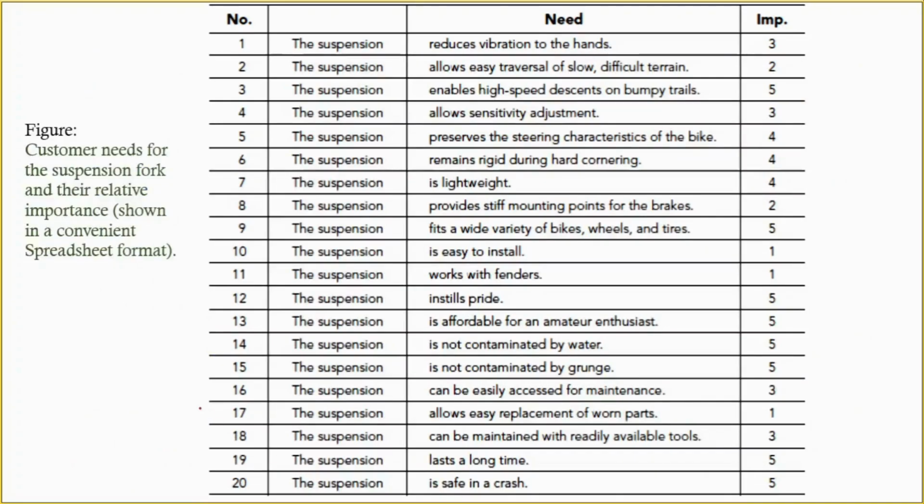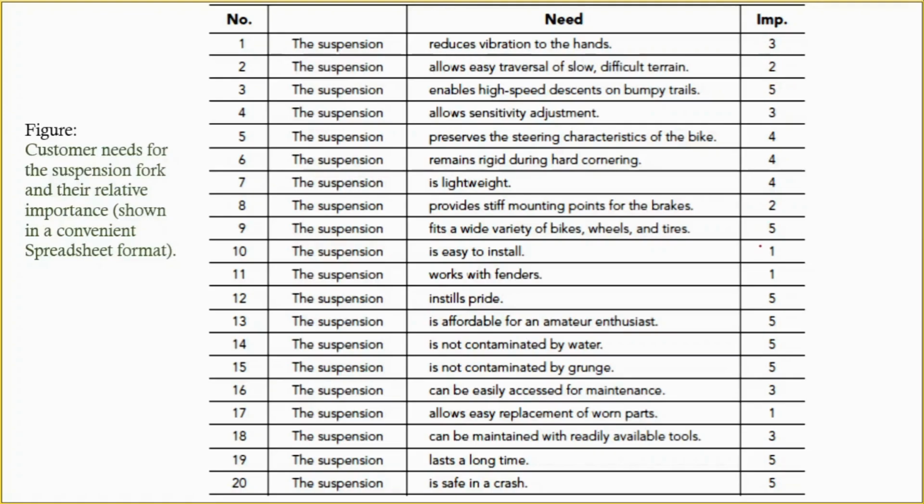This figure shows the customer needs for the suspension fork and their relative importance in a convenient spreadsheet. Serial numbers are there, suspensions are there, and the needs of the customers or users are here. We have given the importance of each need as a number.